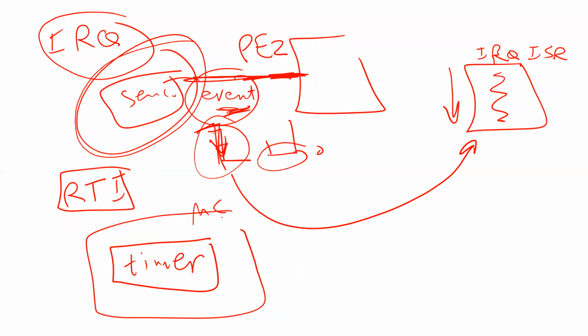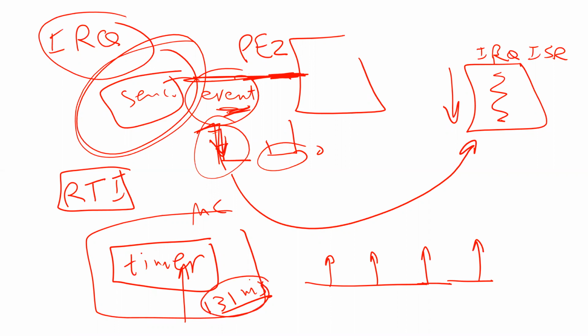This timer is used to make periodic interrupts. For example, you can tell the timer, please make an interrupt every 131 milliseconds. That means every 131 milliseconds there is one interrupt, so this timer is going to trigger an interrupt every 131 milliseconds.